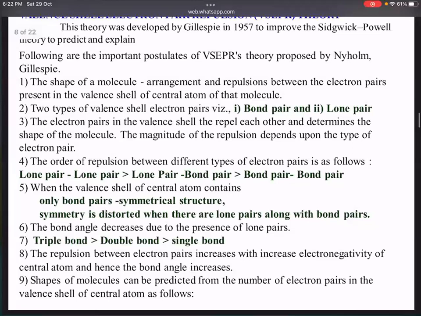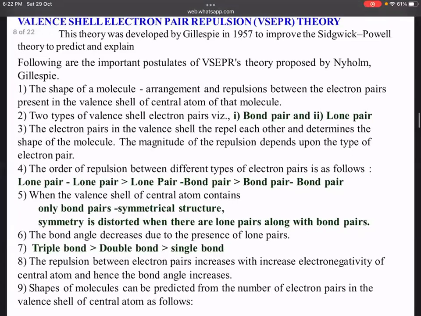So they said that there are 2 electron pairs. First, you have to identify the central and peripheral atoms. So the minimum number of atoms is the central atom, the maximum number of atoms is the peripheral atoms. So what is the valence electron of the central atom? You have to identify whether the attached atom is singly bonded or positively charged or negatively charged. That also you have to identify. Then you have to calculate how many electron pairs there are.